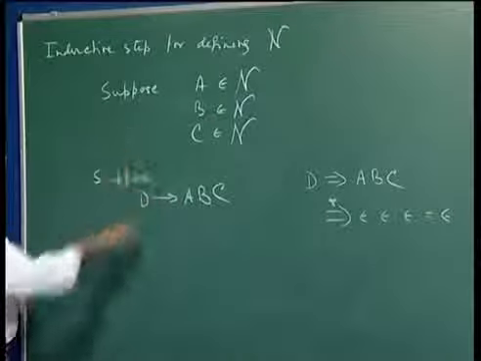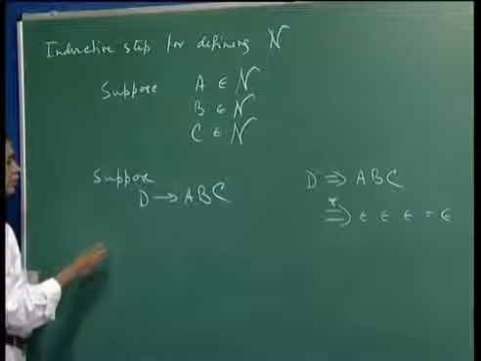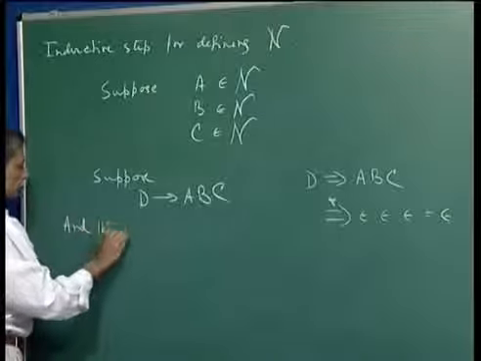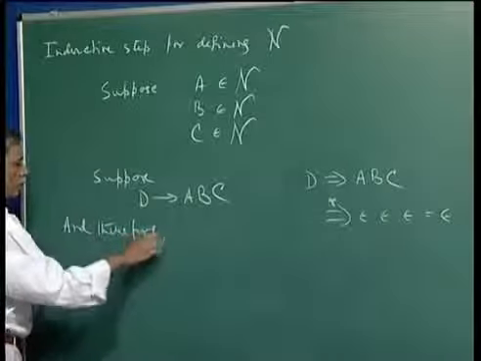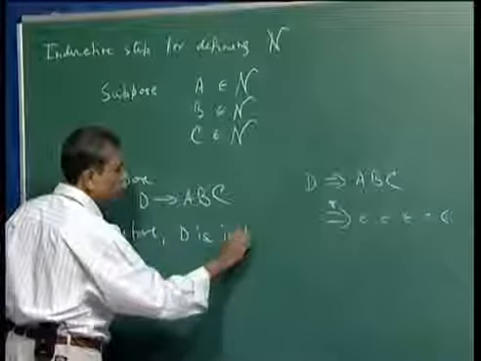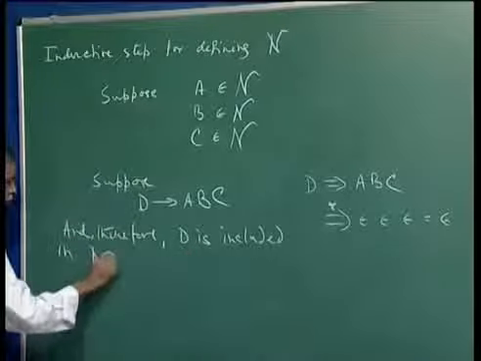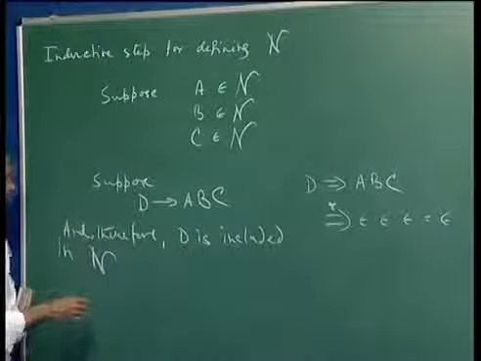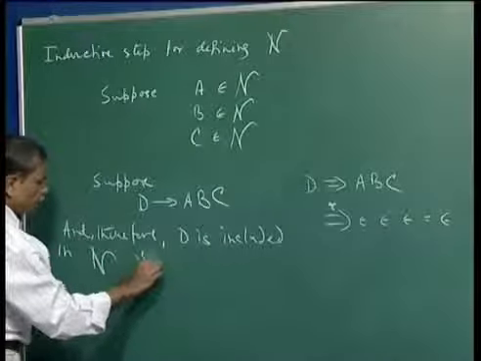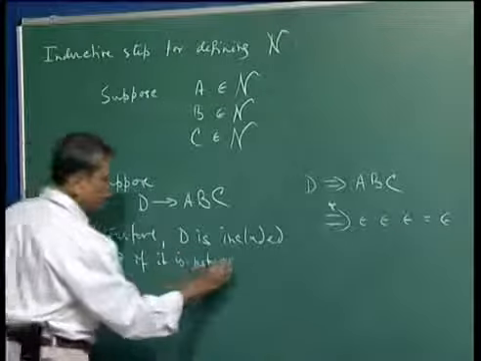So, in such a case, D also I have discovered to be a nullable symbol, and therefore, D is included in this set of nullable non-terminals if it is not already there.